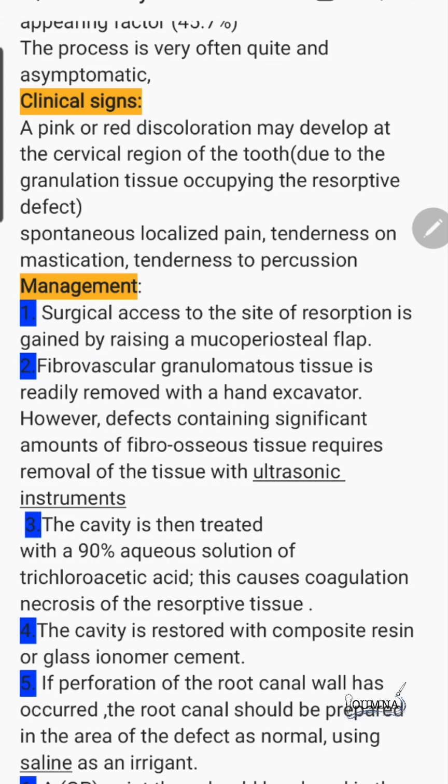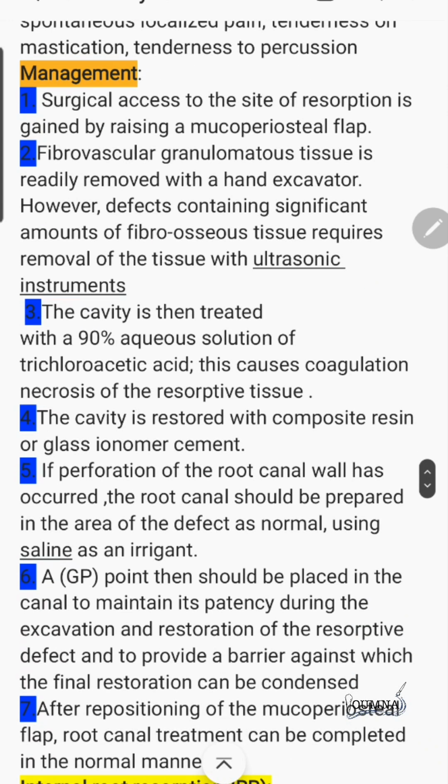The management: we first get surgical access to the site of the resorption by raising a mucoperiosteal flap. The fibrovascular granulomatous tissue is readily removed with a hand excavator.